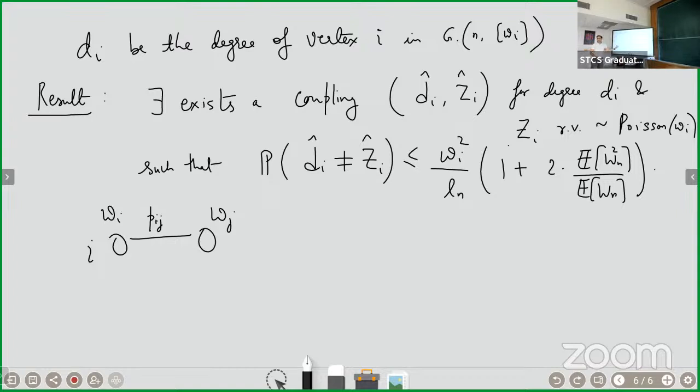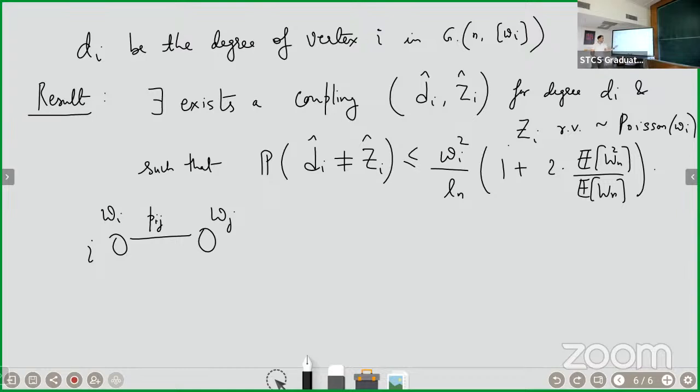This Poisson random variable with parameter w_i is what this really looks like. The degree of this vertex i is not really being affected by so many different neighbors. So somehow the correlation is getting washed out. It's a very important result. It's not an obvious result at all.